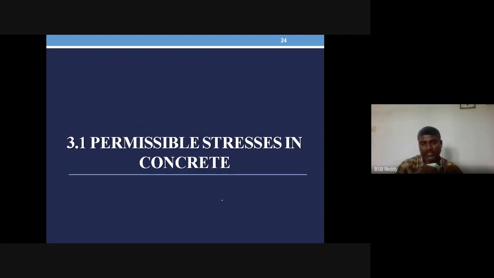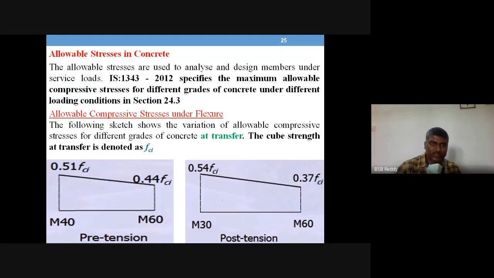Okay, so these are mentioned in clause 24.3 of IS code. Okay, the allowable stresses, which are very much essential for an engineer to analyze and design the pre-stressed concrete members.